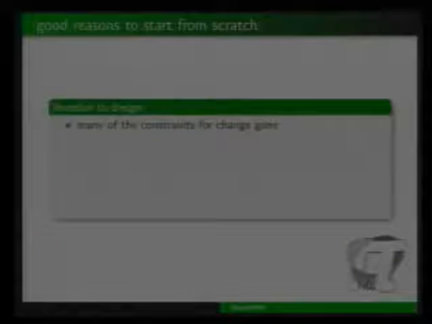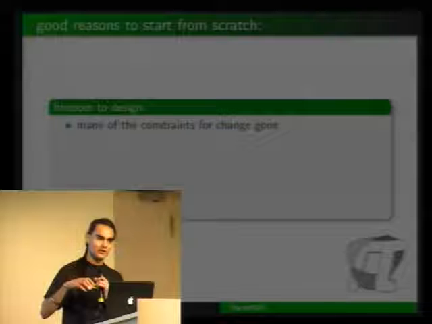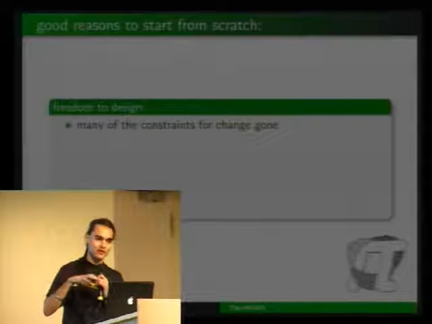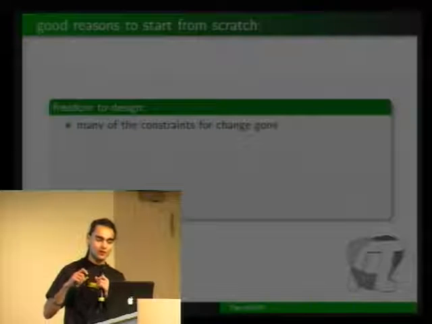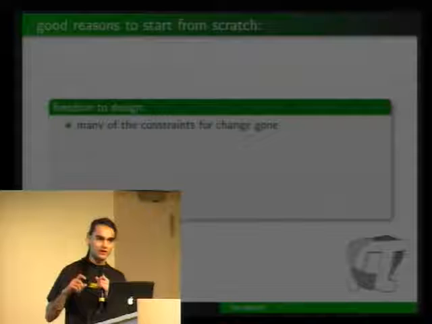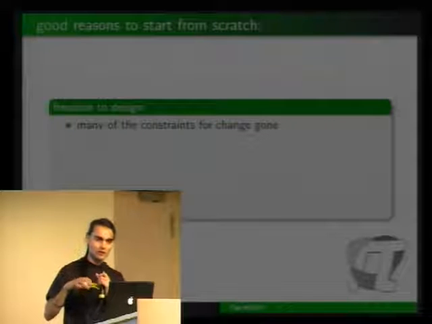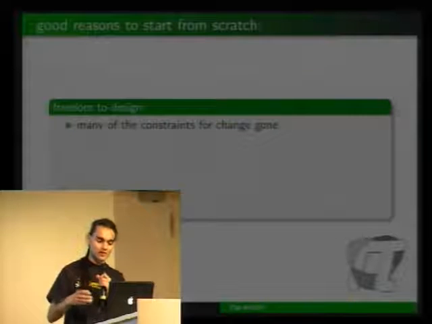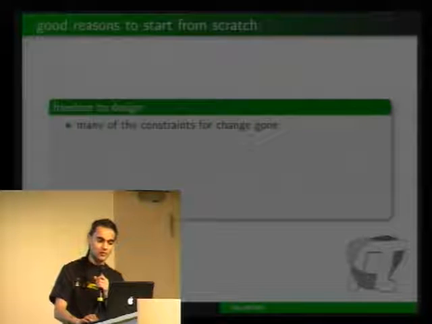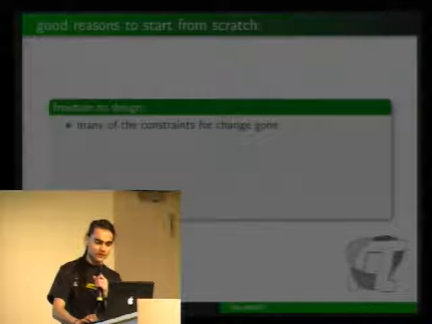If you work with a product you have and you just improve upon it, many things you can't just change. You can only make small changes bit by bit. You can't change the structure without doing a fresh start.